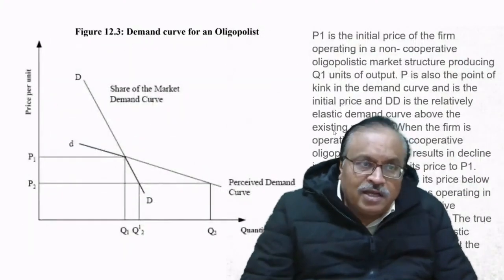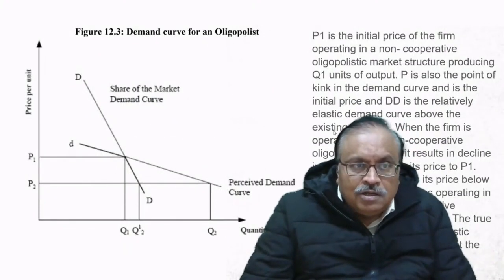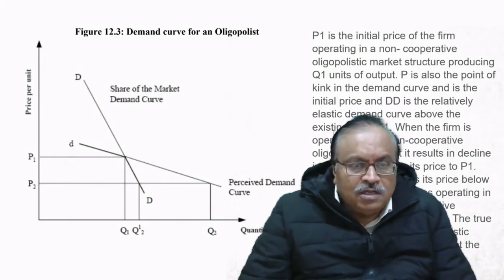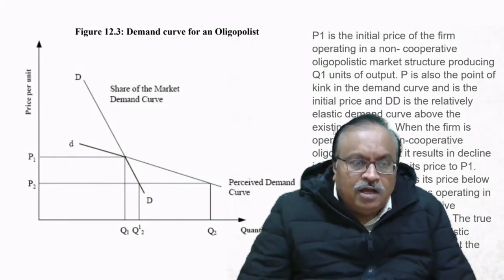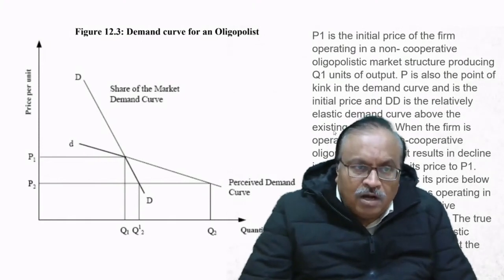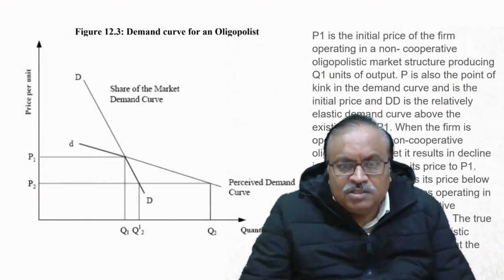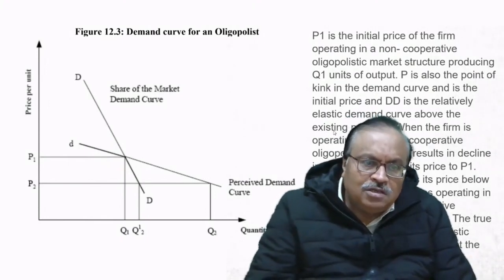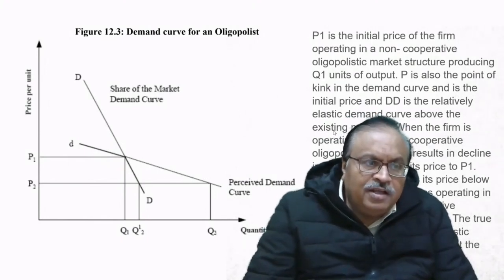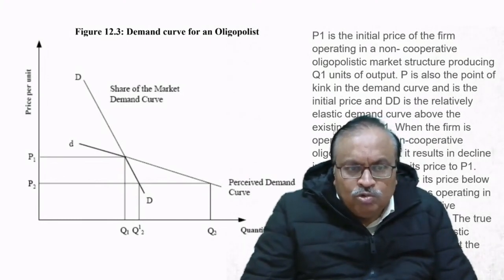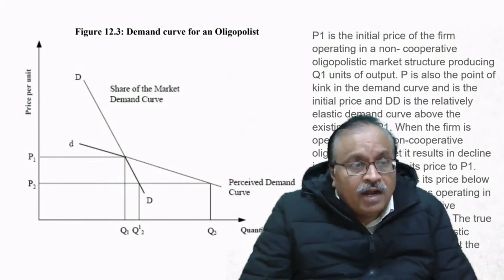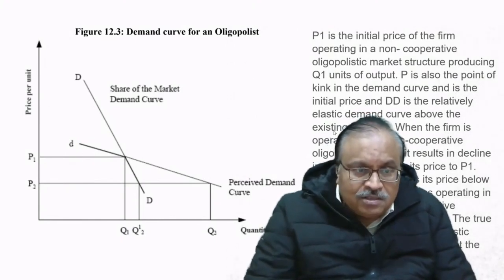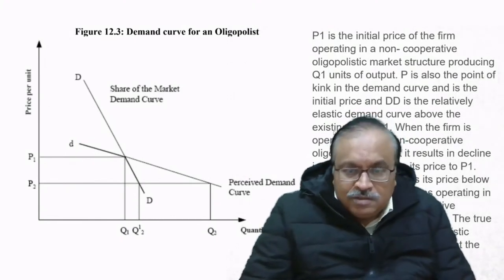Now let us look at the graph. The graph says that there are two demands. The capital DD is the market demand, and the small dd is a perceived demand curve. At the level of price P2, the demand is for a quantity Q2, and at the level of the price P1, the demand is for a quantity Q1.